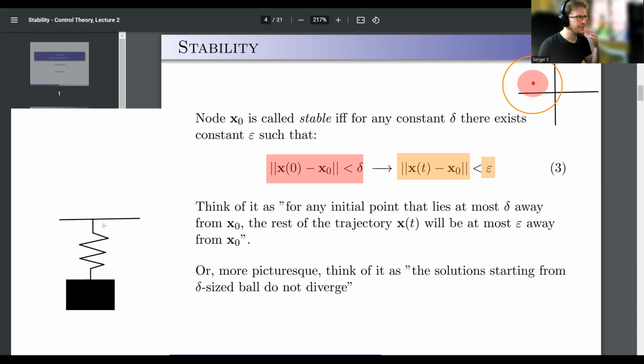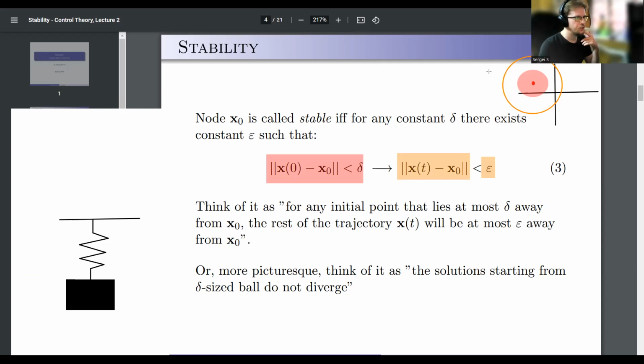What I'm drawing right now is kind of like intuition. So let's say the initial conditions of the position of this mass are between here and here. Sorry, let me draw it in pink so we can see the connection.